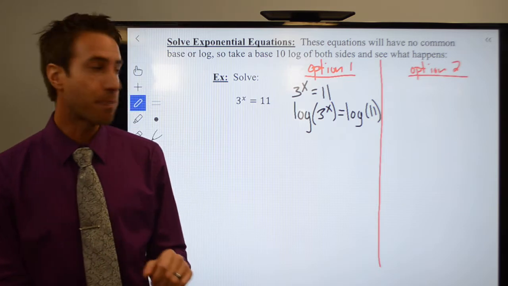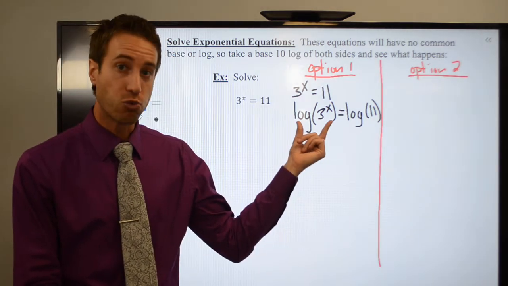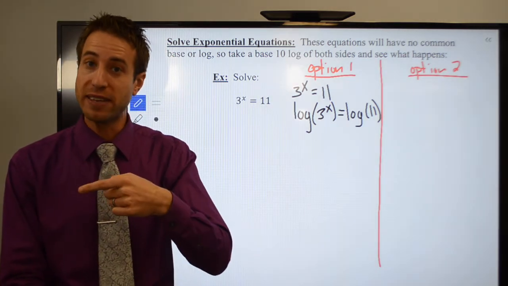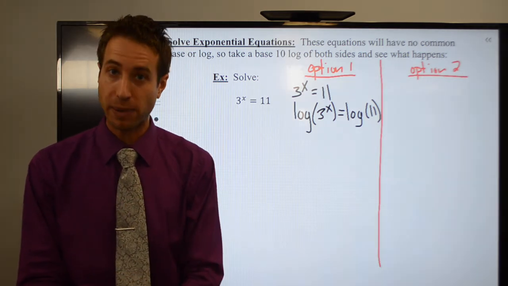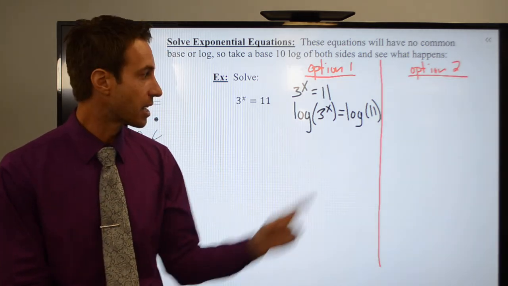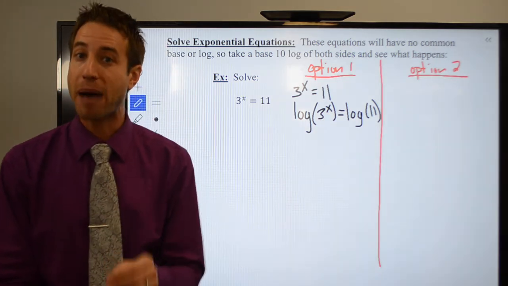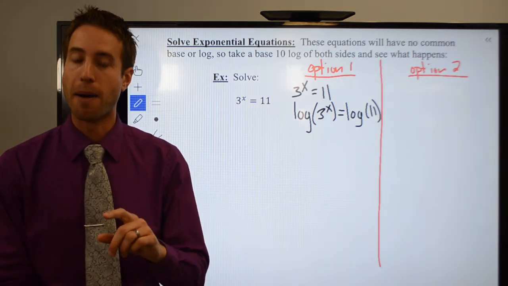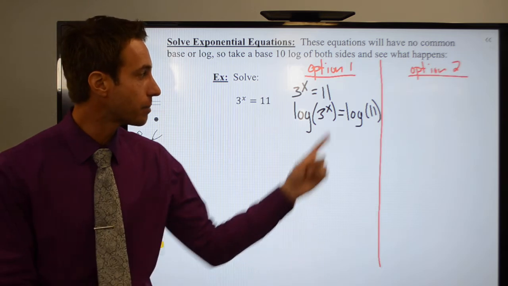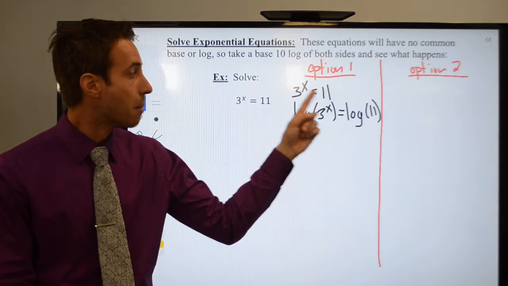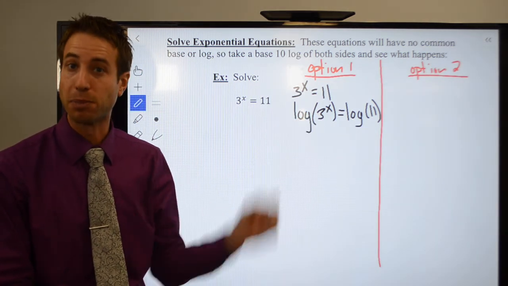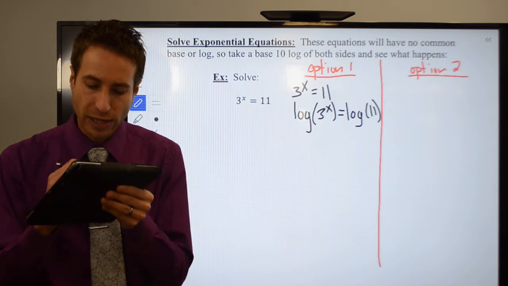But here's what happens. Hopefully you recognize this from the previous section as one of our exponential properties of logarithms. My argument is raised to a power. So this is the power property for the exponential properties of logarithms. I can simply take that exponent, bring it down out front, and multiply it as a coefficient. So let's do that.